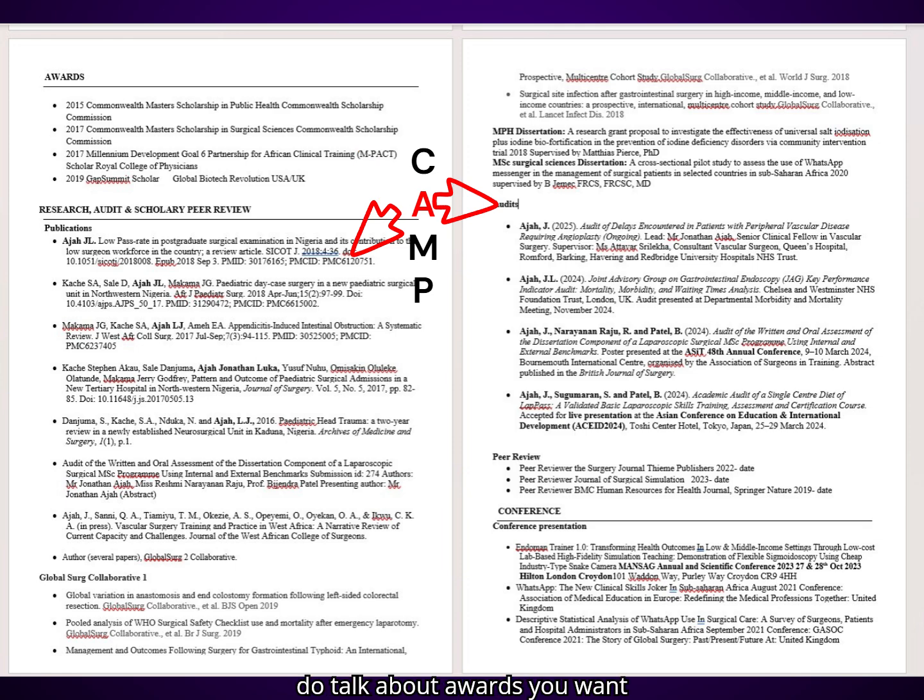So do talk about awards you've won relevant to the role. Do talk about research you've published relevant to the role. And do, of course, certainly talk about clinical audits that you've done, particularly relevant to the role. Go into details.